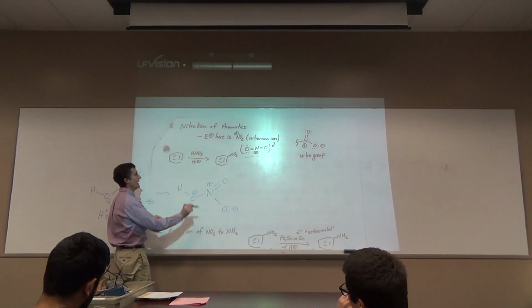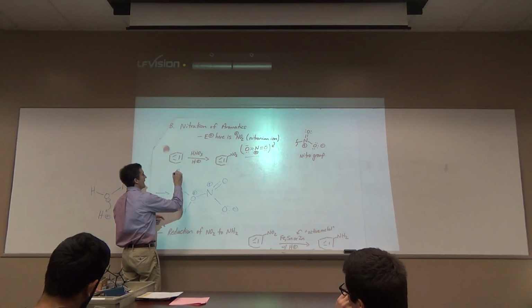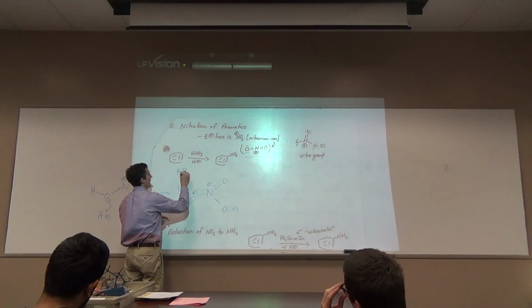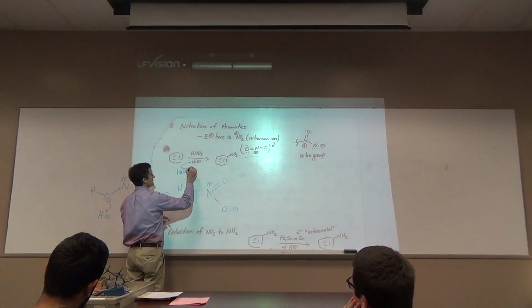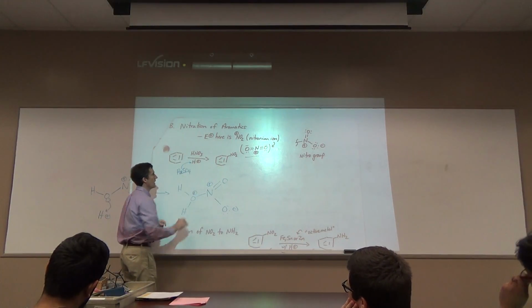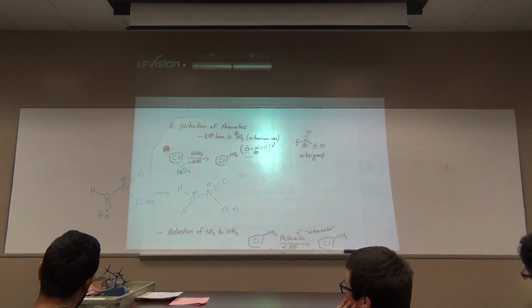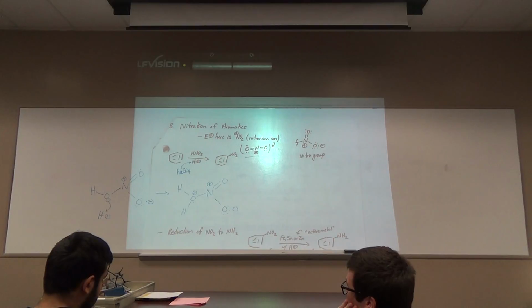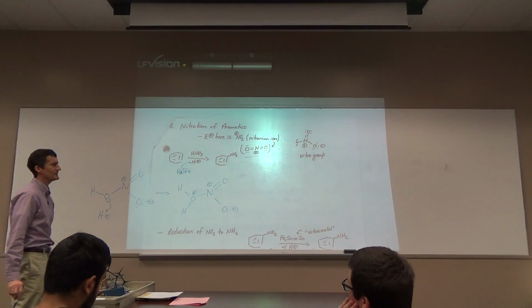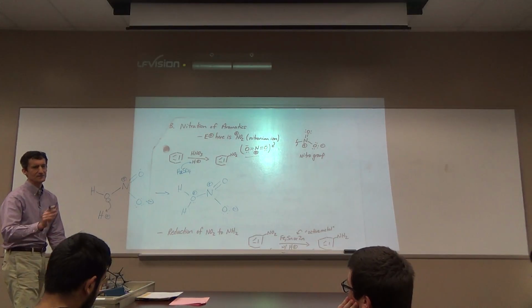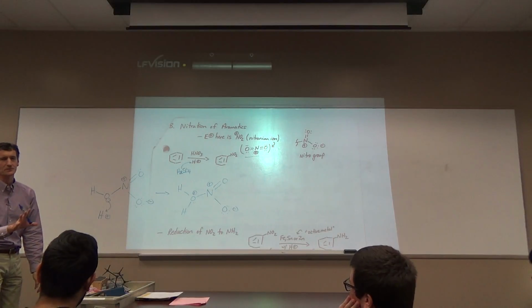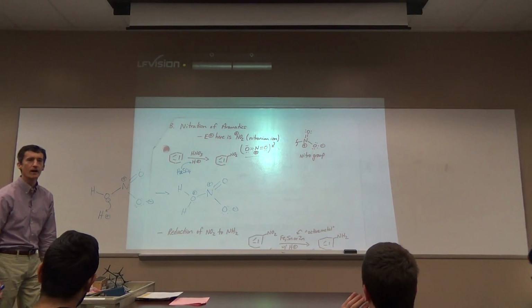H2SO4. H2SO4 is most common. You could possibly do it with other strong acids. HF could possibly work, but it's expensive. It works on tests, but it's kind of expensive.